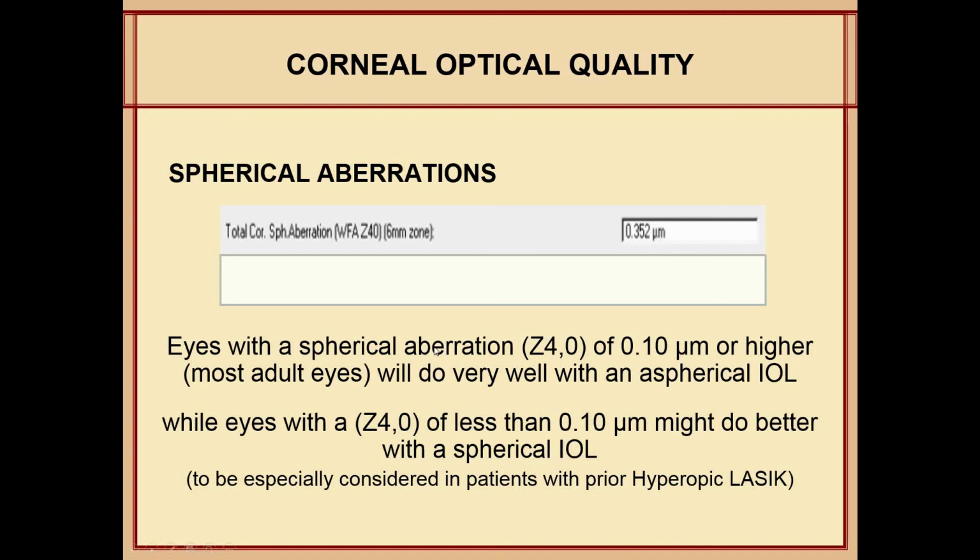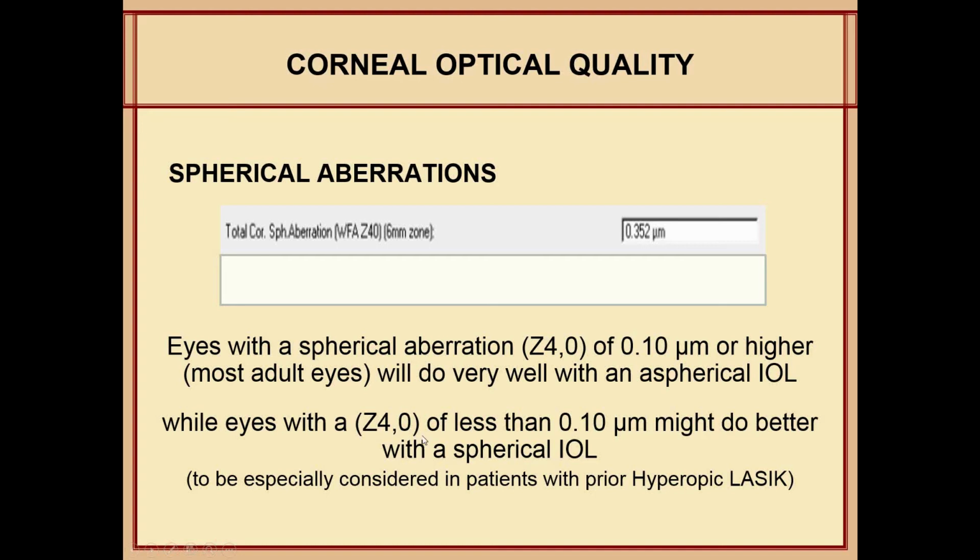Why is it important? Eyes with spherical aberrations of 0.1 or higher, which is most of us, will do very well with an aspherical IOL. I think the Alcon implant corrects approximately 0.24 or something in that range, and the Zeiss a little bit different, while the Bausch & Lomb corrects none of the aberrations.